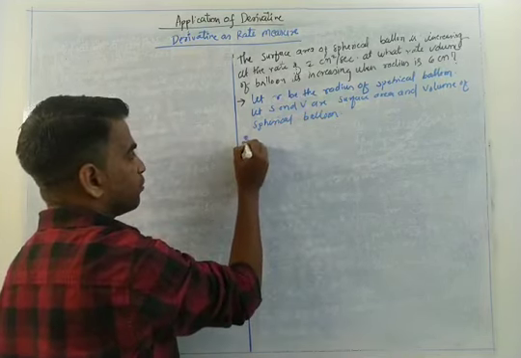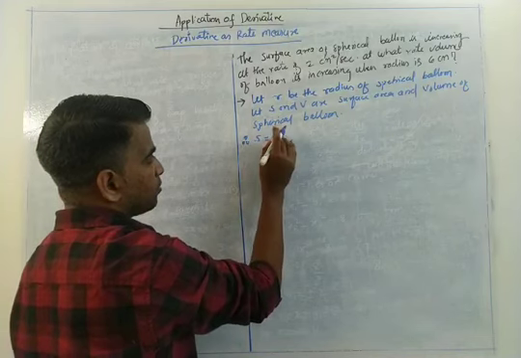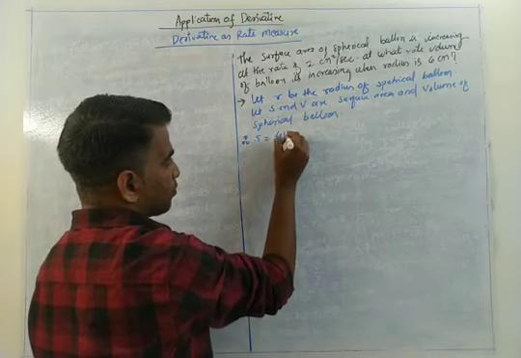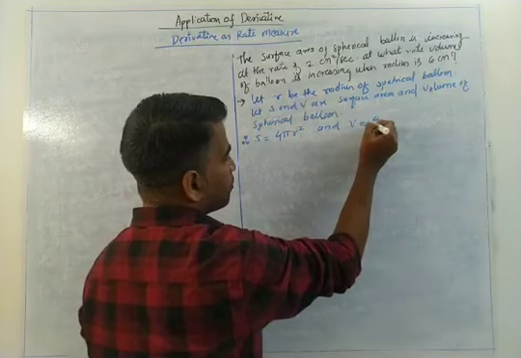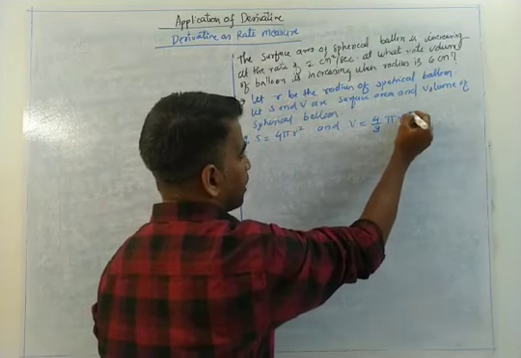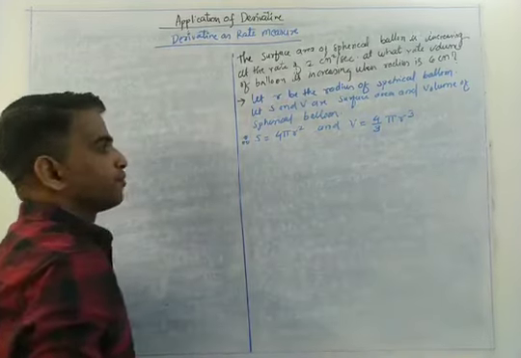Therefore S is equal to 4 pi r square and V is equal to 4 by 3 pi r cube.